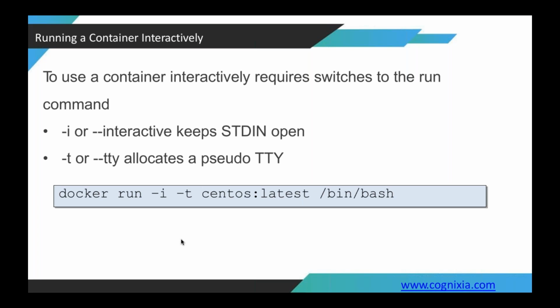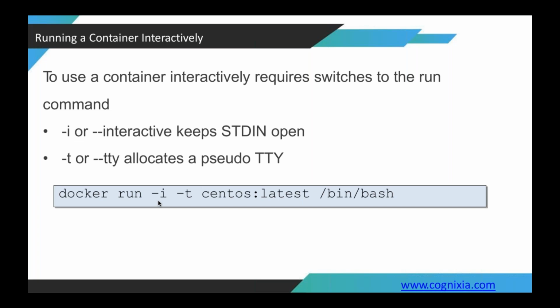Okay, so if we want the container to be running, and at the same time we can get inside the container to execute a command, then you need to run it interactively. For that you will have to pass the -i option, which will make the container run in an interactive way, so you can issue a command and get an output. And -t is used to get a tty to the container.